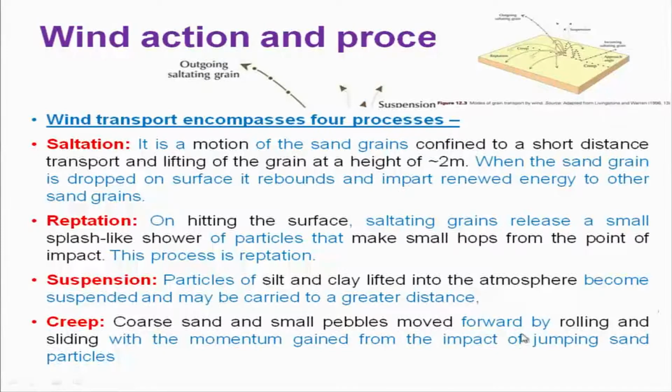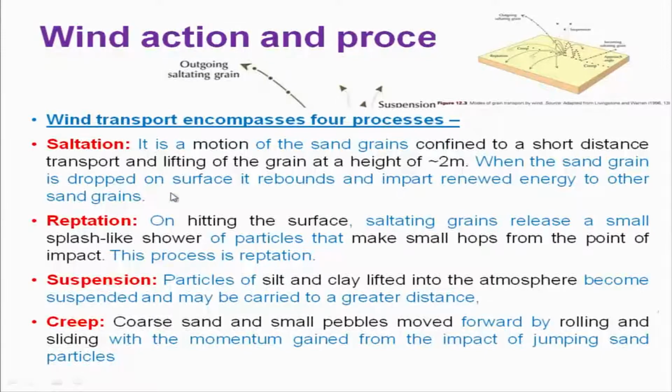So it can roll or slide. Coarse sand and small pebbles are moved forward by rolling and sliding with the momentum gained by the impact of jumping sand particles. This will come from reptation.